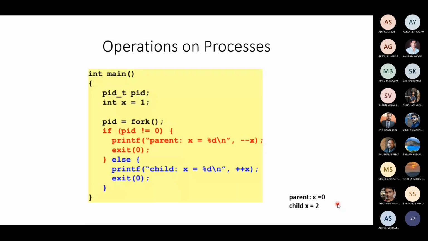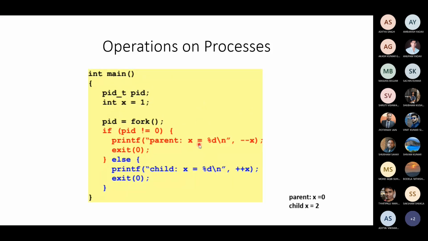Yes, sir. Anybody want me to repeat why it is printing 0 and 2? The reason is the x variable is simply copied into the parent's process and the child process.